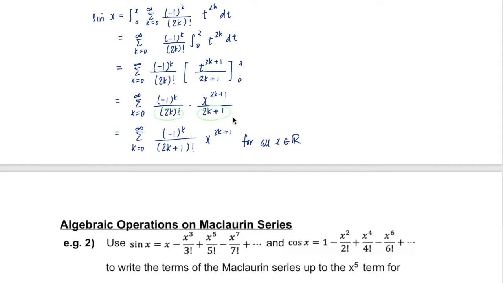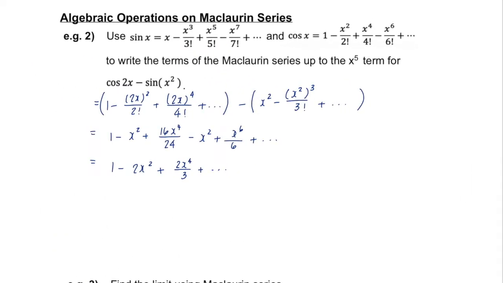So now I notice that the denominator of that definite integral is 2k plus 1, which is exactly 1 higher than 2k factorial. So now I can combine 2k plus 1 times 2k factorial into 2k plus 1 factorial, and then the rest of the Maclaurin series is here. And once again, using a different method, we have found the Maclaurin series for sine x from the Maclaurin series of cosine x.